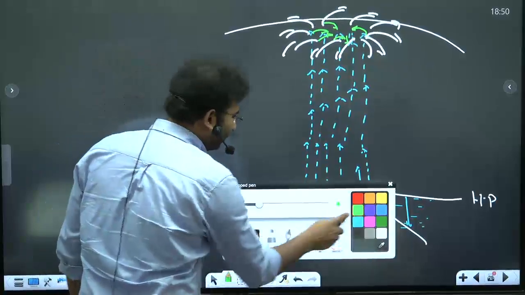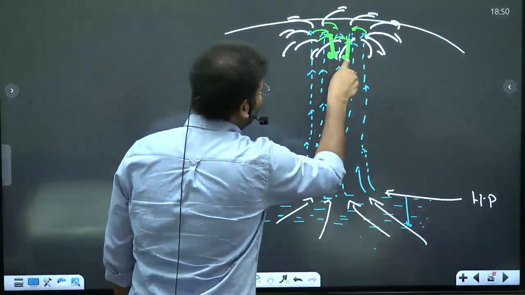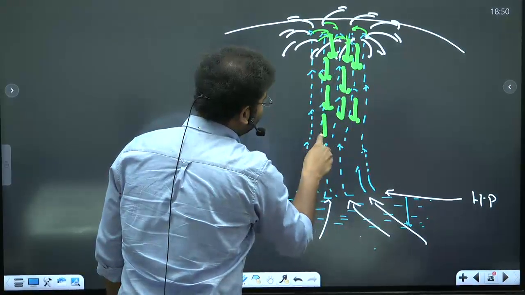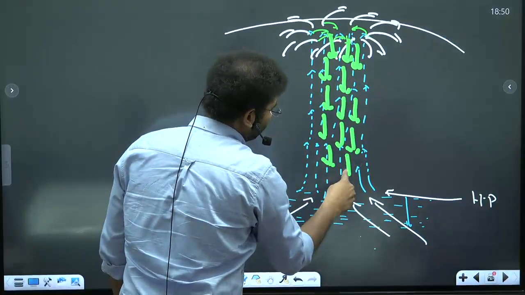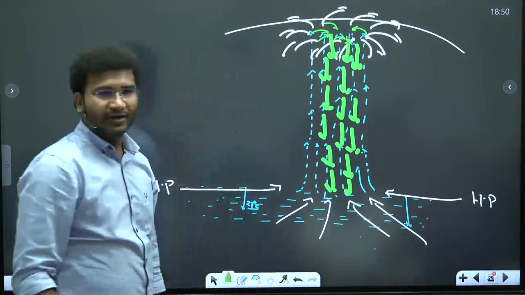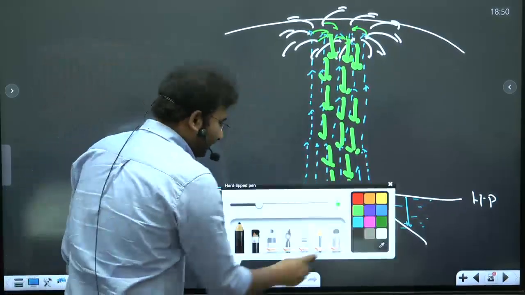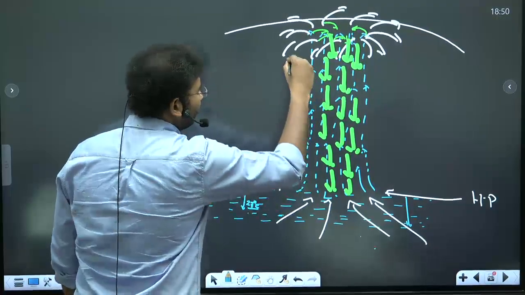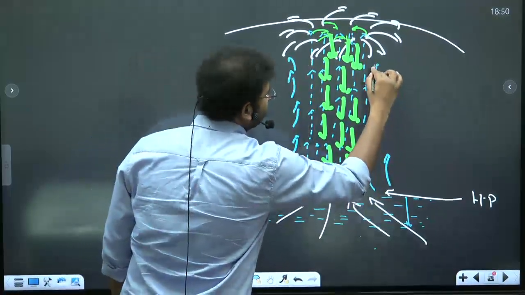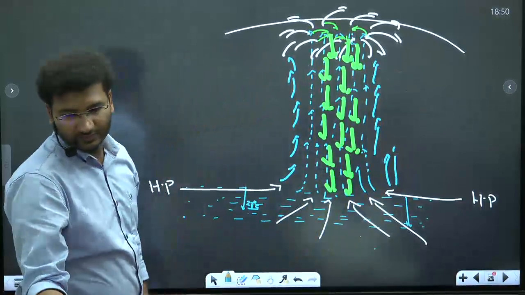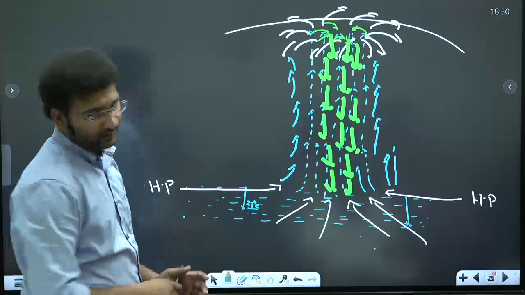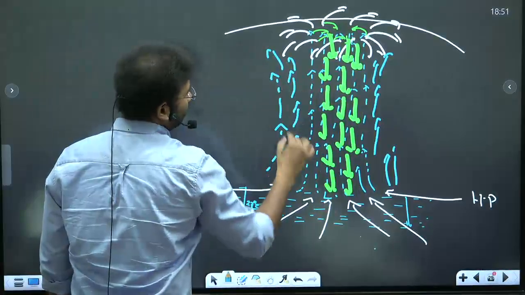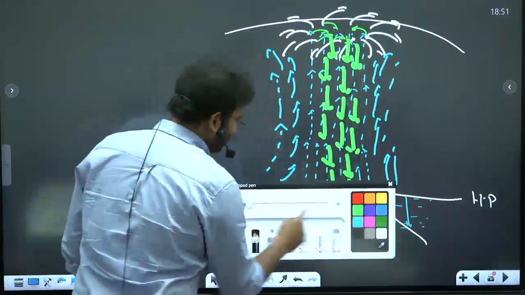This air is now forced to sink downward. Got it? Clear? So broadly, this is the air that is rising. Got it?